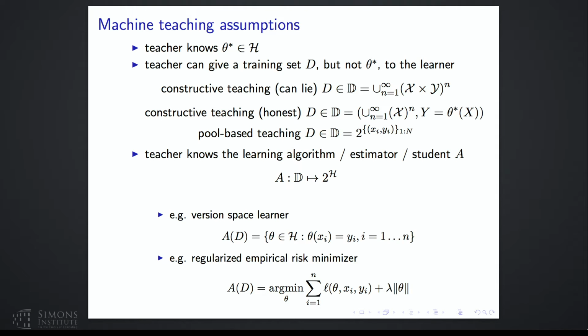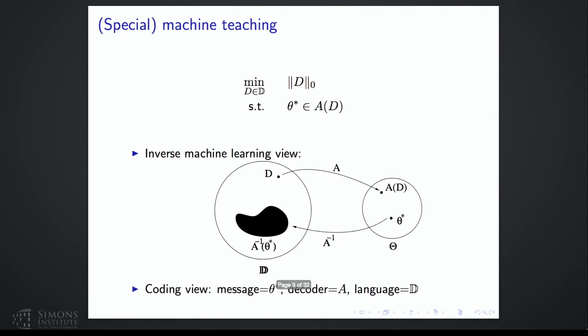And with that, I'm going to show you a bunch of things. So here is the first formalization of what we are trying to do with teaching. I call it special teaching because there are two things that are special. One is the teacher is solving a minimization problem, but note, it is solving it in the space of training sets.